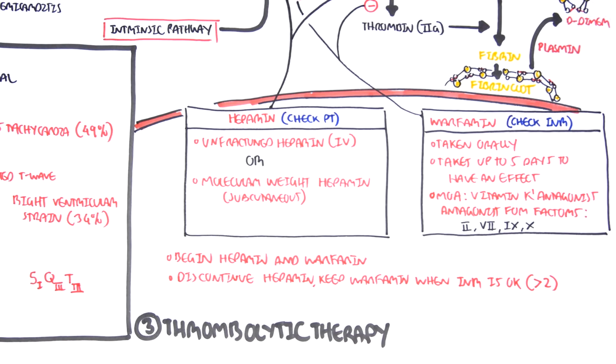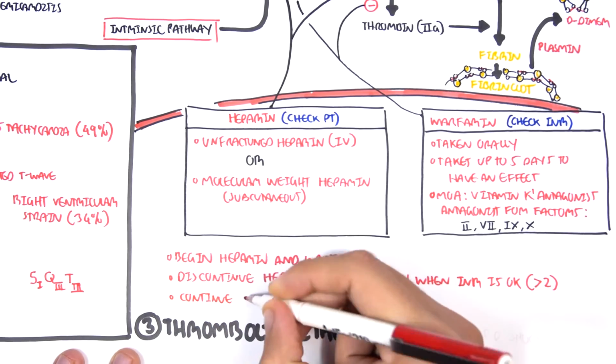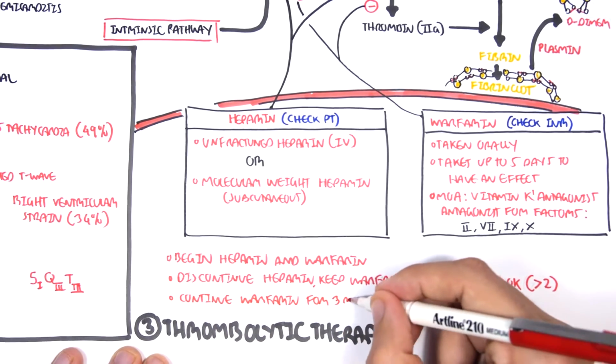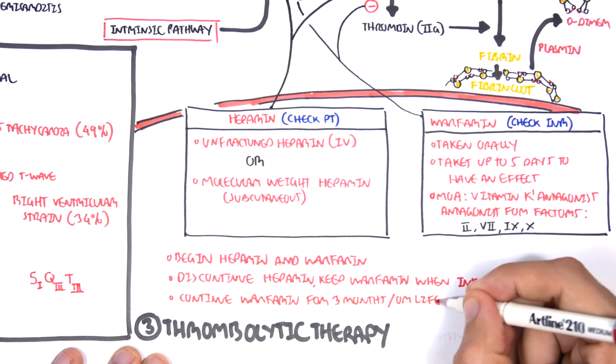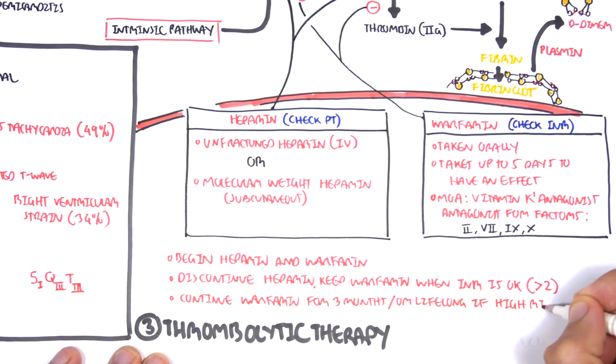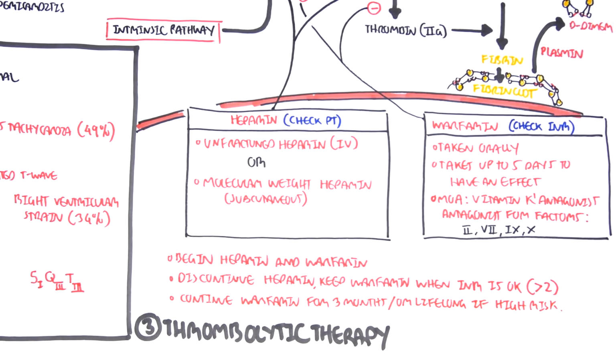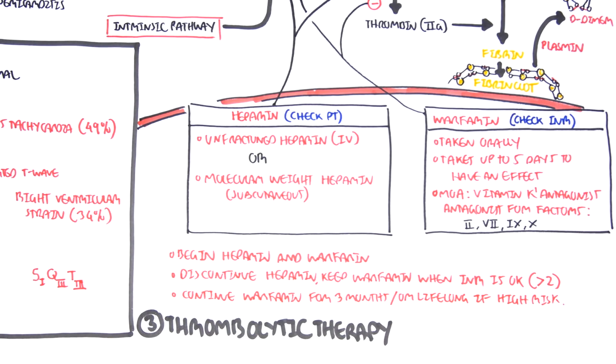So when INR is above 2 and below 3, you can keep the person on warfarin, and you have to monitor this person. They continue warfarin for about 3 months, or lifelong if they are at high risk of developing another thrombus. I hope that made sense.